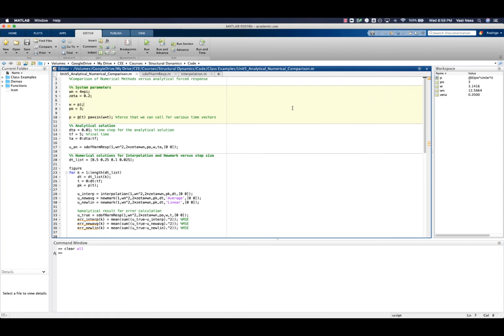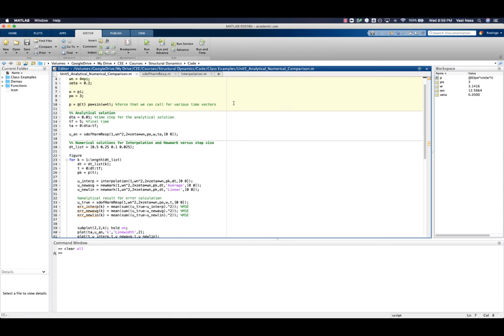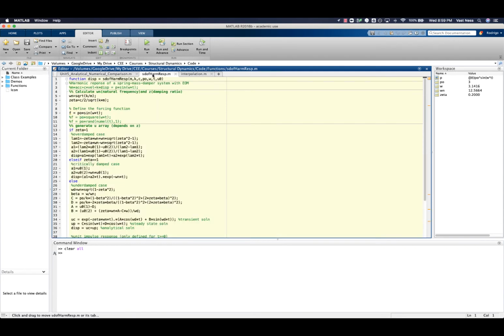and generate those parameters. Next, I'm going to generate an analytical solution for this system and loading. So I've provided you with this function sdof harm response. This simulates the harmonic response of a system given these parameters. We can take a quick look here.